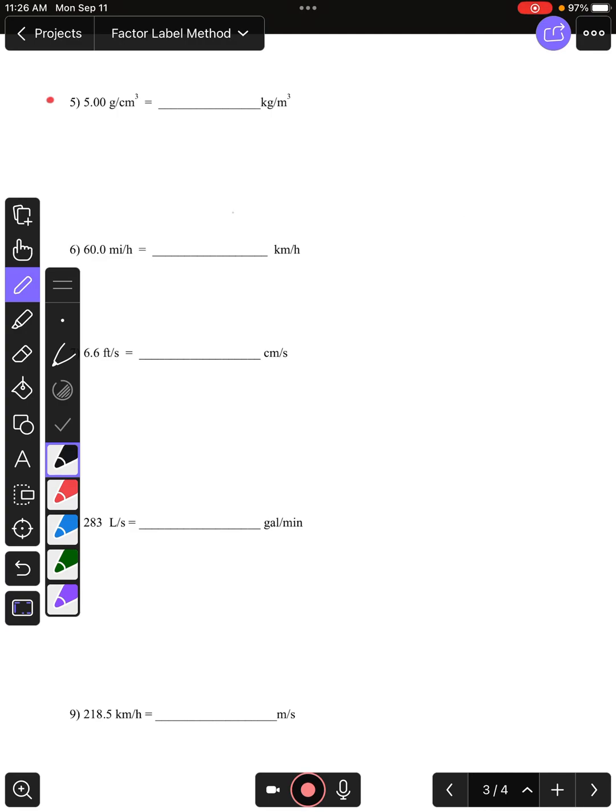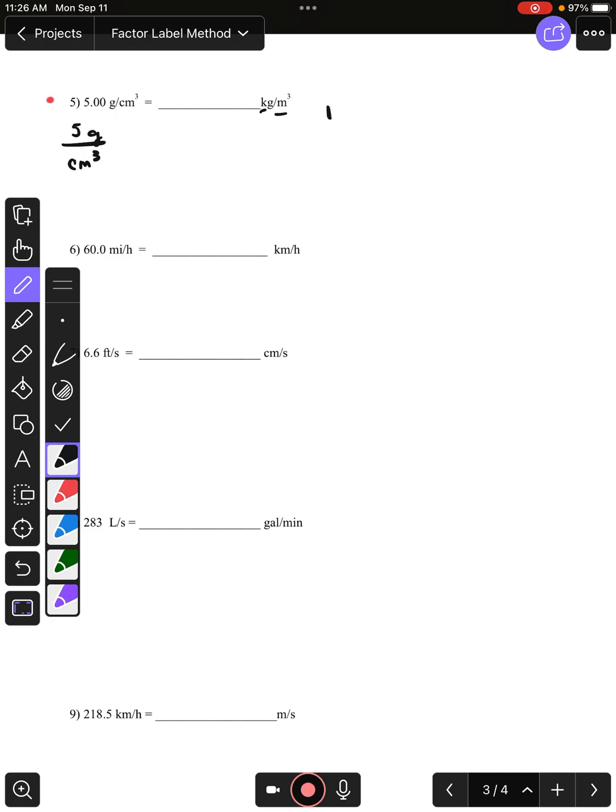I need to go from grams. First, I'm going to write this in a fraction: 5 grams per centimeter cubed. And I am going to go to kilograms per meter cubed. So I need to go from grams to kilograms.